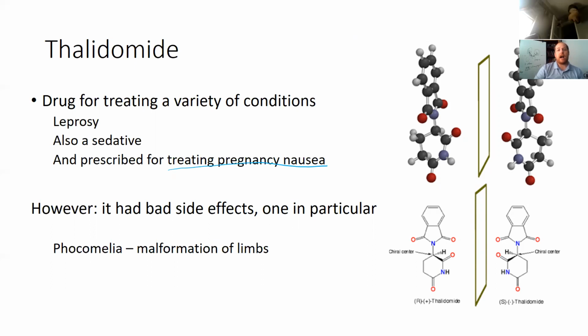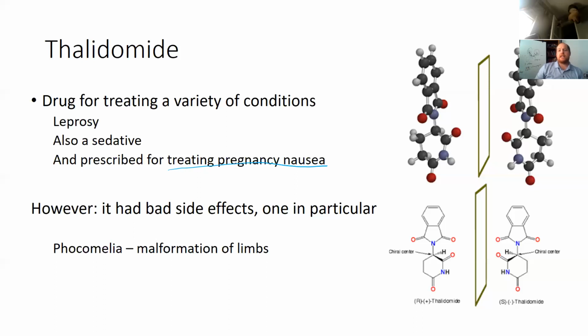It was prescribed as a treatment for morning sickness, sort of like a broad coverall: hey, this helps for everything. Well, at some point after this had been used to treat pregnancy nausea, fetuses were being born with malformation of limbs called phocomelia.